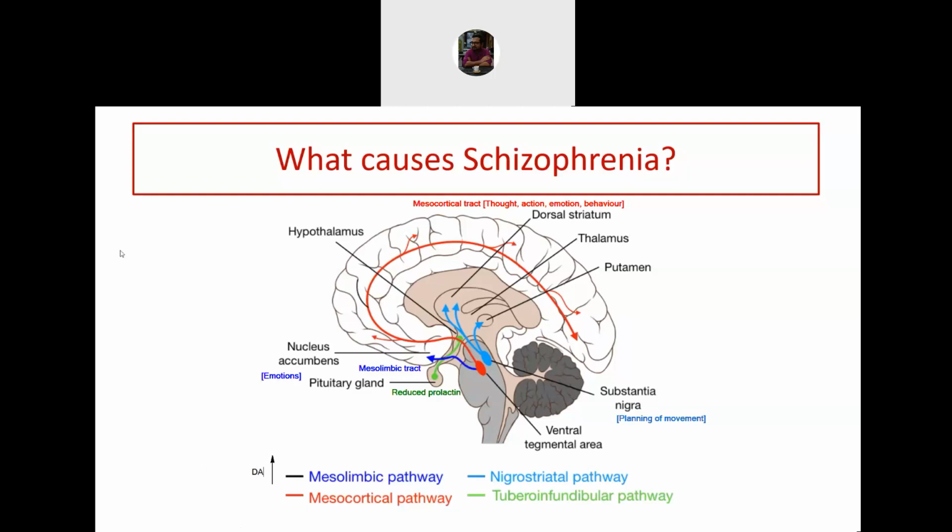Due to some reason, as the disease becomes chronic, dopamine concentration decreases in the mesocortical pathway. And this leads to the negative symptoms of schizophrenia, like avolition, like catatonia, and other features. So, increased dopamine in the mesolimbic pathway causes delusion and hallucination. And reduced dopamine in the mesocortical pathway is responsible for the negative symptoms.